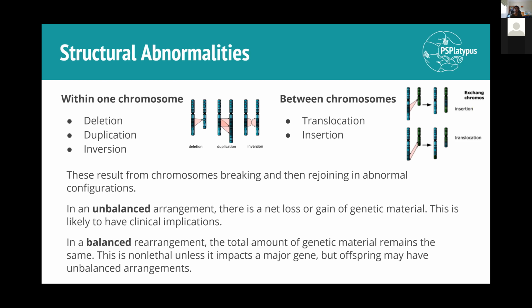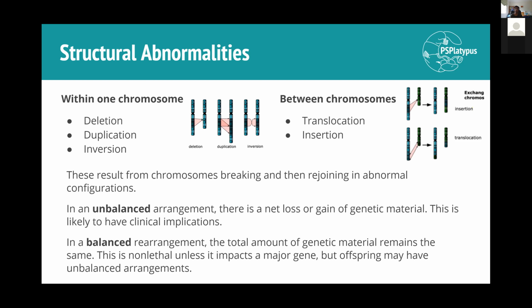The other thing is that you can have unbalanced arrangements in offspring. Let me try and explain how that happens. Say I have my chromosome, let's say 14 on a whim. One of my chromosome 14s undergoes a translocation, so it loses a bit of information, and the information goes over to the other chromosome 14.